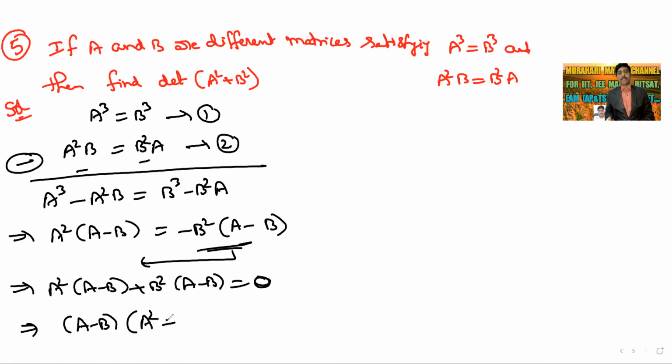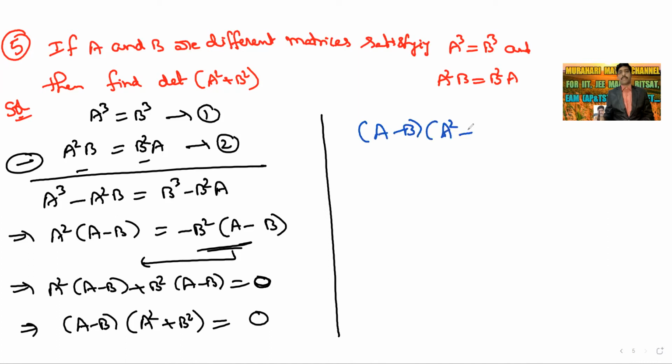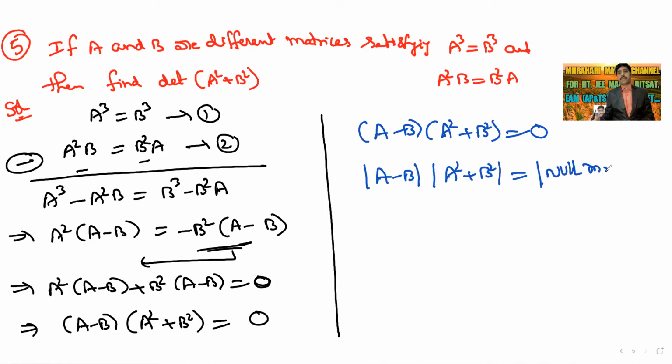It will be A minus B into A square plus B square is equal to the null matrix. Okay, taking det on both sides, det of A minus B into det of A square plus B square is equal to det of the null matrix. Det of the null matrix is equal to 0.